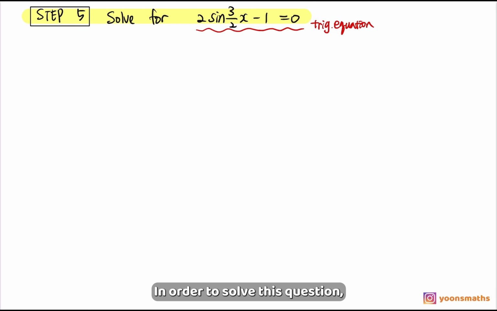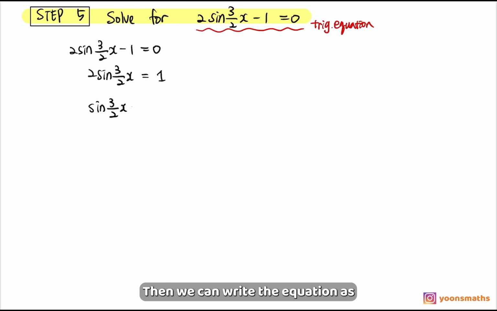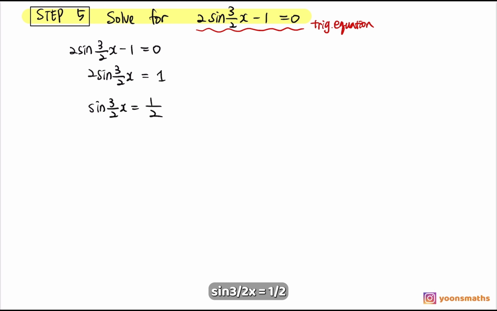In order to solve this, first, you have to move minus 1 to the right. And then divide by 2. Then we can write the equation as sine 3 over 2 x equals half.